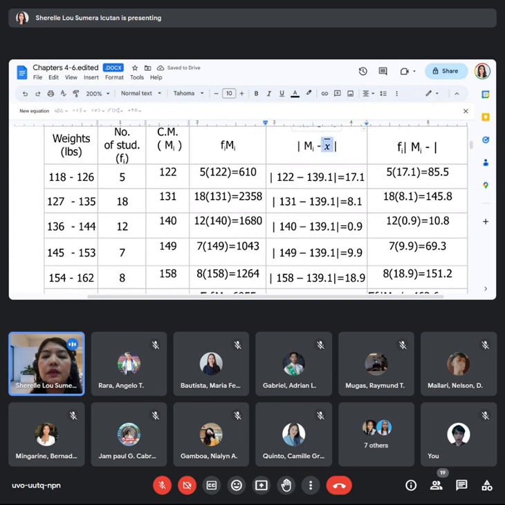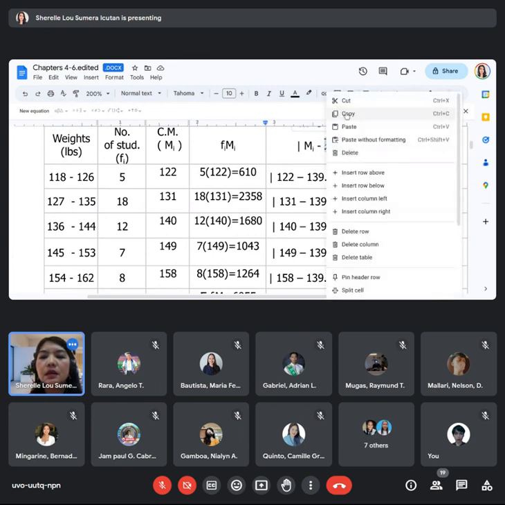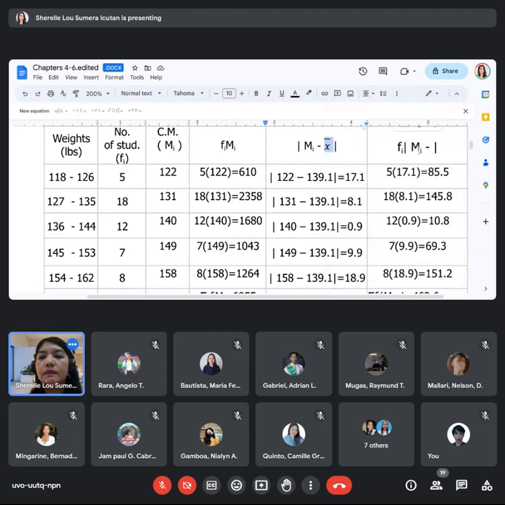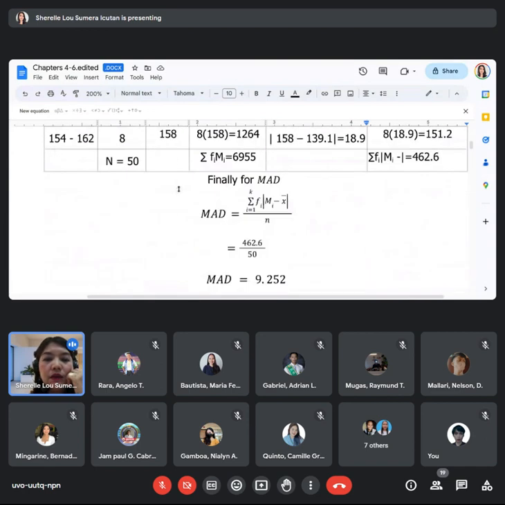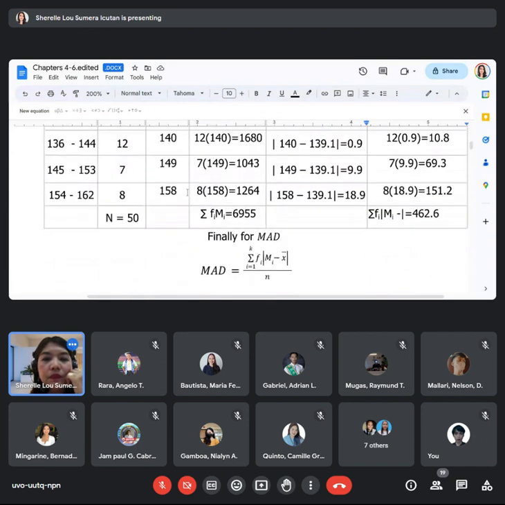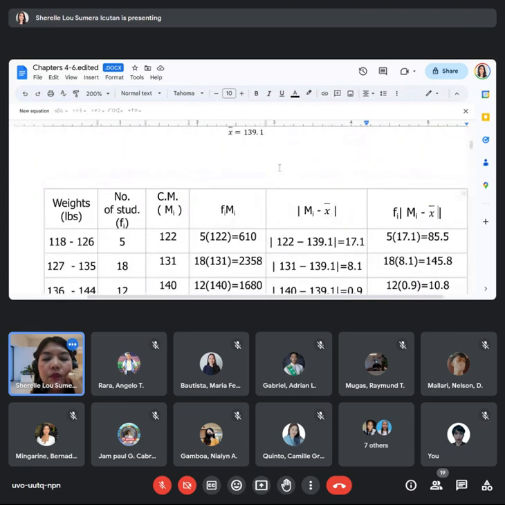So, kopyahin ko lang din to na wala siya sa data. Okay. So, what are you going to do? Do you know how to do this? If you're going to look at it, the mean is 139.1.